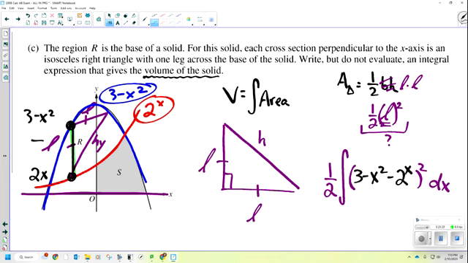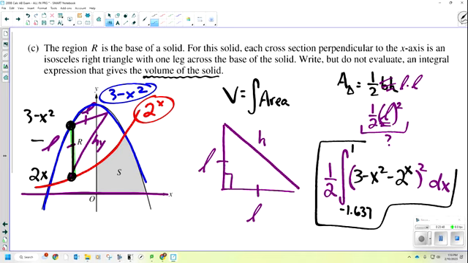Last, for 2B, last problem, I almost forgot the bounds. For this one, we're not going to. The bounds are exactly the same because it's still the same region R. It's going to go from negative 1.637 to 1.